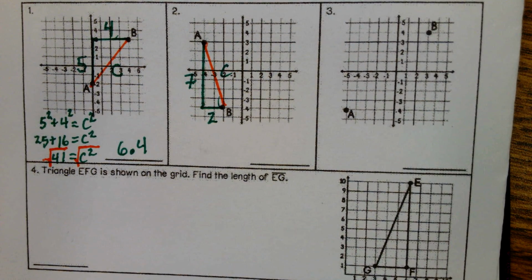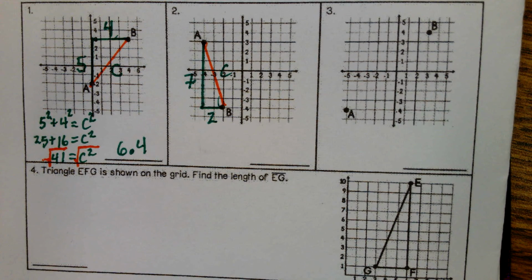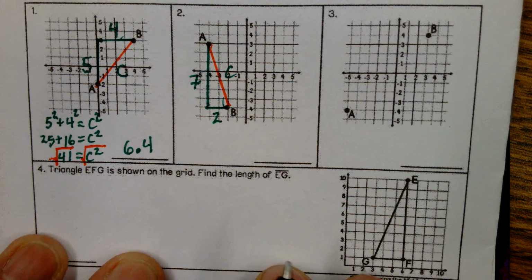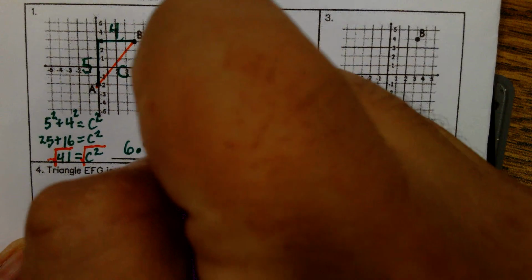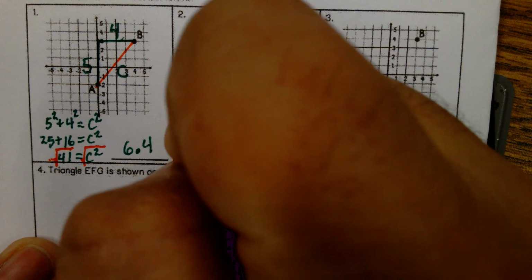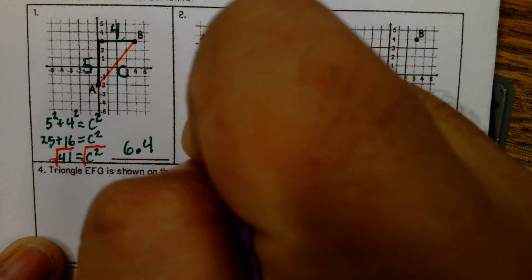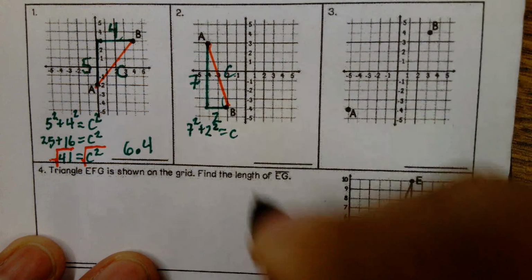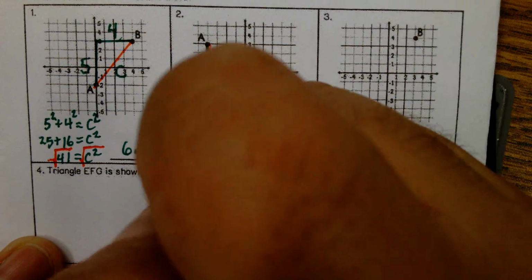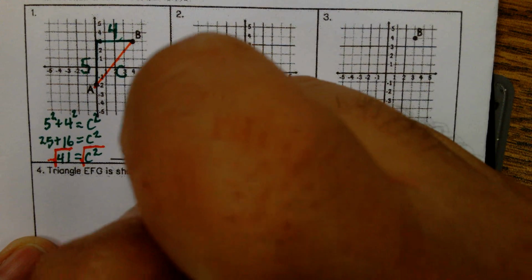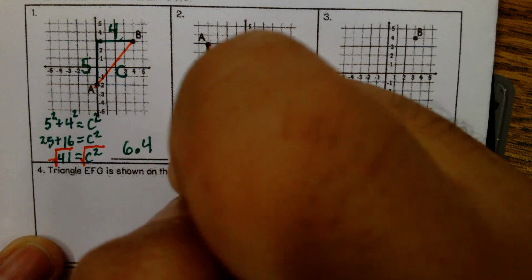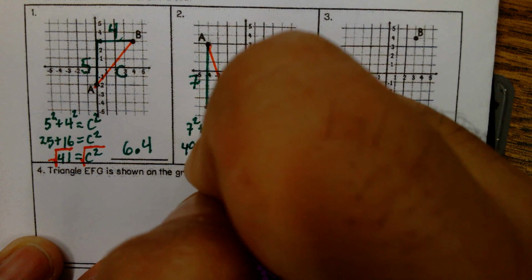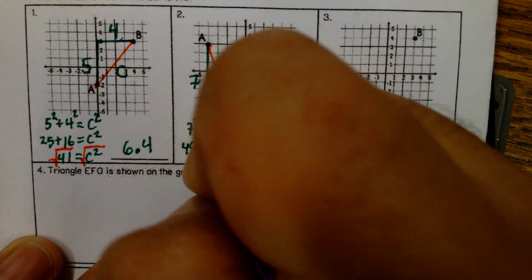Okay. So now let's do the Pythagorean thing. 7 squared plus 2 squared equals c squared. So I heard 49, that's 7 squared, plus 2 times 2 is 4.